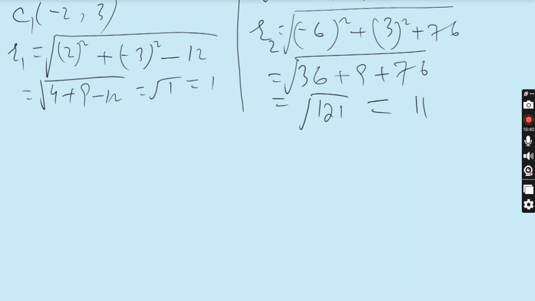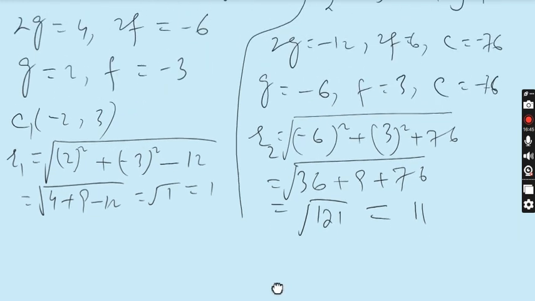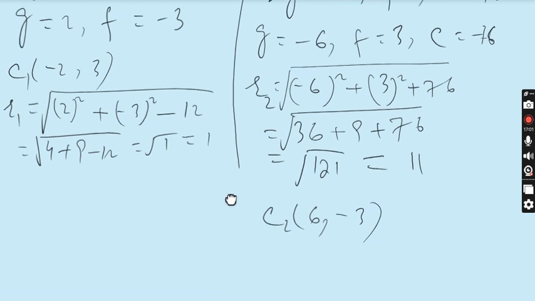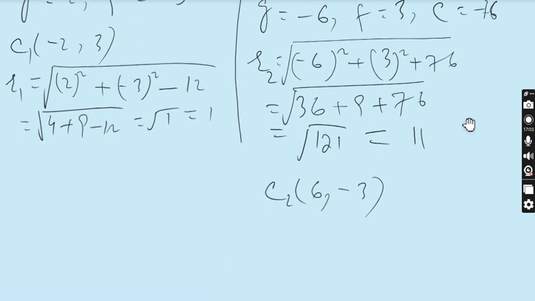Now you have, this is R2. R2 is 11. And center C2 is minus g, minus f, which is 6, minus 3. Now find the distance between the centers. C2 is 6, minus 3 and C1 is minus 2, 3.